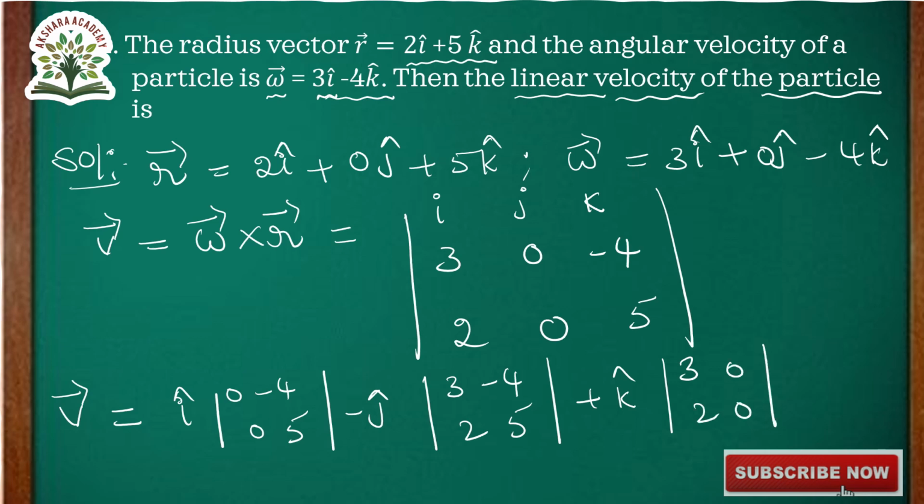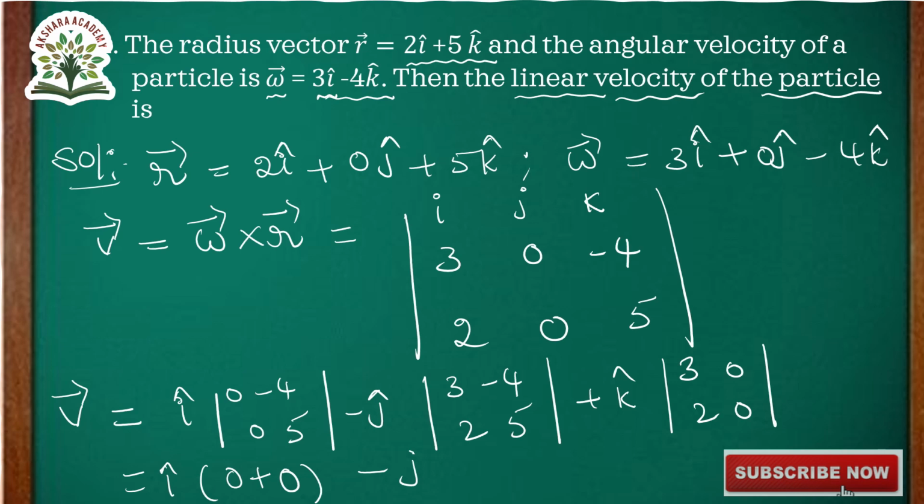Now we are evaluating these determinants. i cap of 0 into 5, 0, and 0 into minus 4, 0, here minus 4, plus 4, that is 0 into 0.